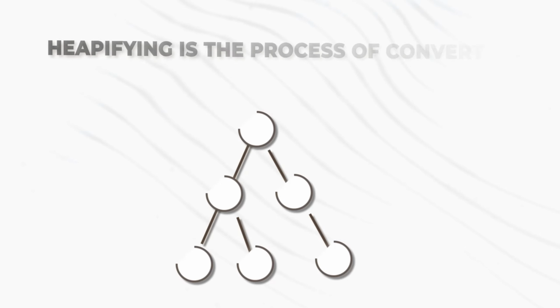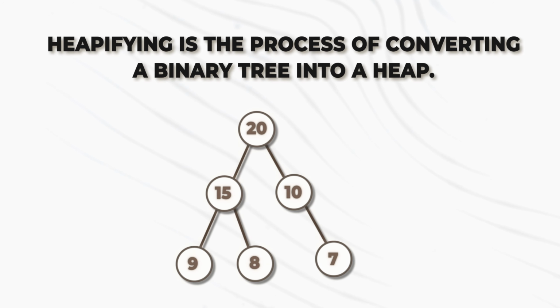Now let's see how we can build a heap from this array using the heapify process. Heapifying is a process of converting a binary tree into a heap. In a max heap, we start with the last non-leaf node, meaning the last node which has children, and then we compare it with its children. If it has any children that are larger than itself, then we are going to swap it with its largest child.